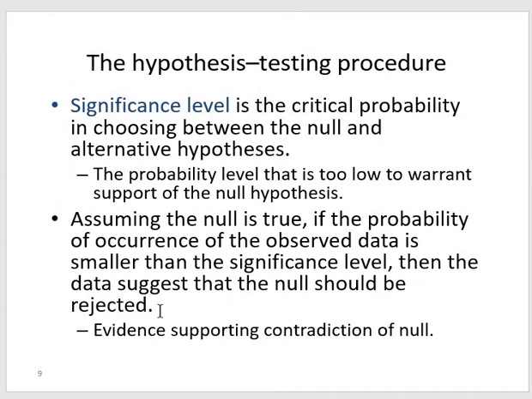That means your null hypothesis should be rejected. And to say that my null hypothesis is being rejected, there should be evidence supporting the contradiction of the null. I should have statistical evidence showing how my null hypothesis is rejected, for which we are doing all these statistical methods of evaluation. Okay, this was the first thing in the contents.